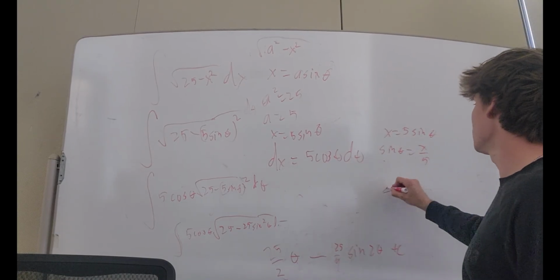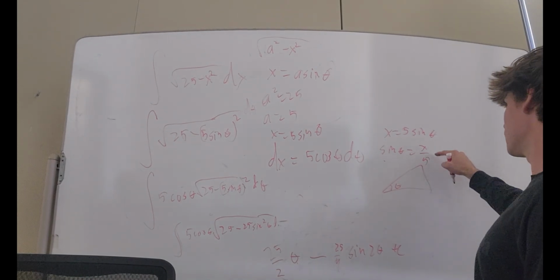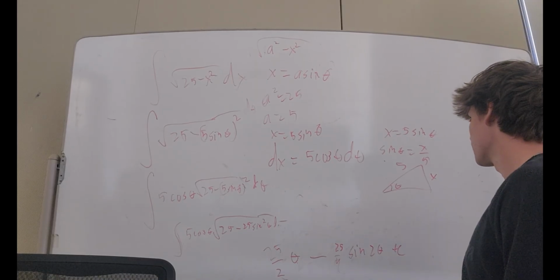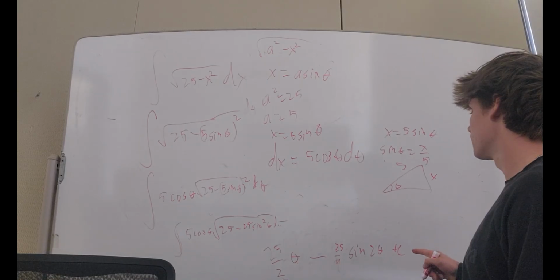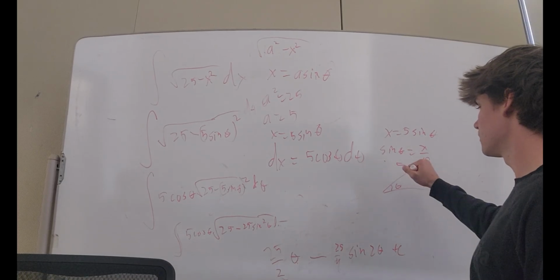We draw a right triangle, set this angle at theta. Sine is opposite over hypotenuse. And then, oh, we actually don't even, we just need to find theta.